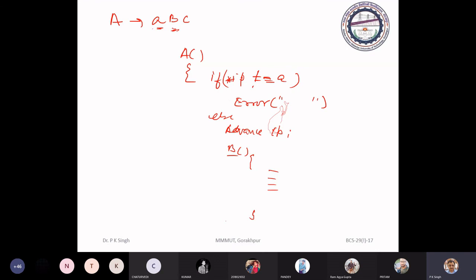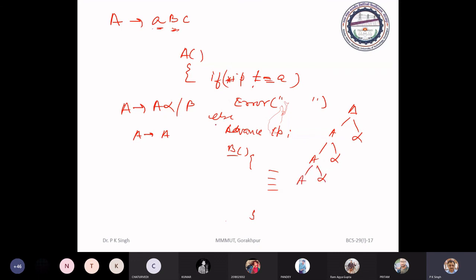But see, if we have a production like this, A to A alpha, you just recall the symbol A to A alpha oblique beta. It will start A alpha, A alpha, A alpha.